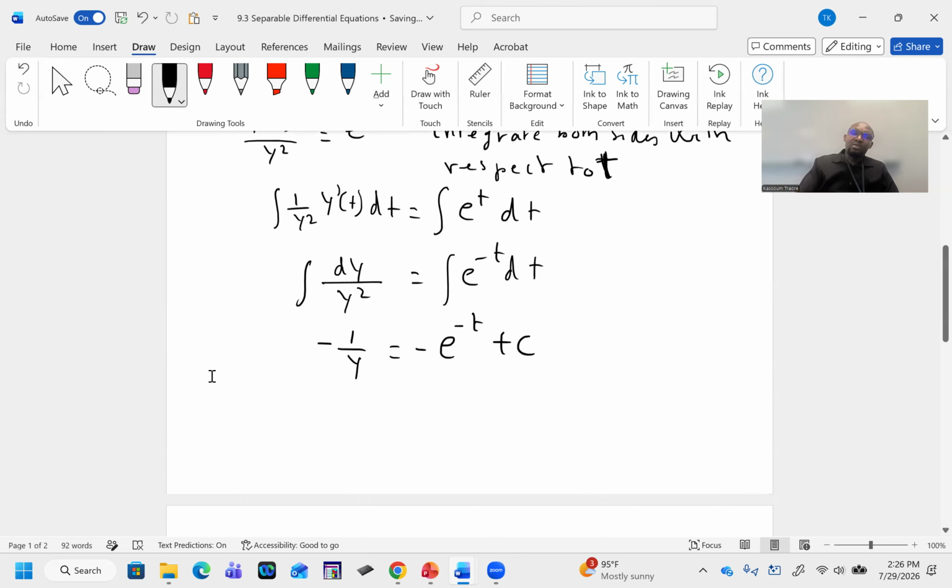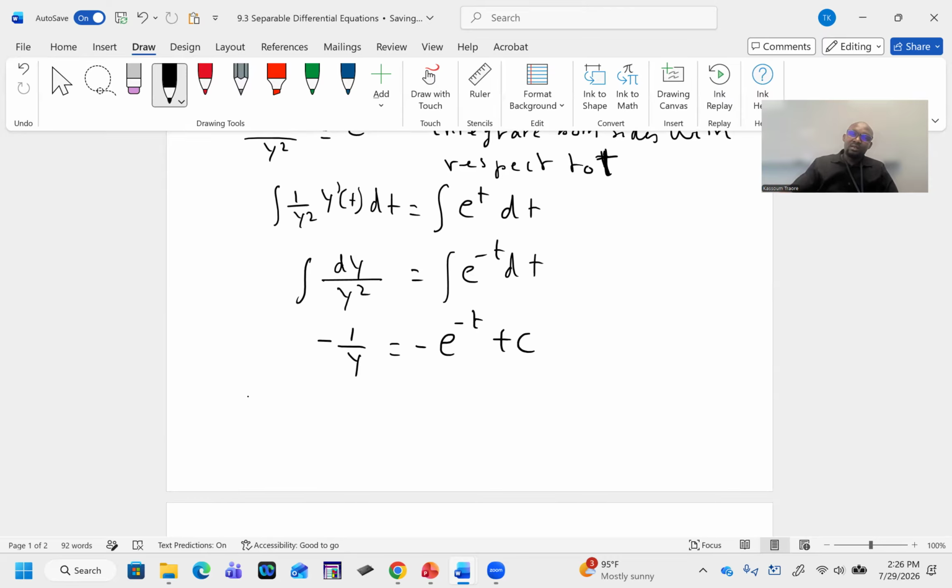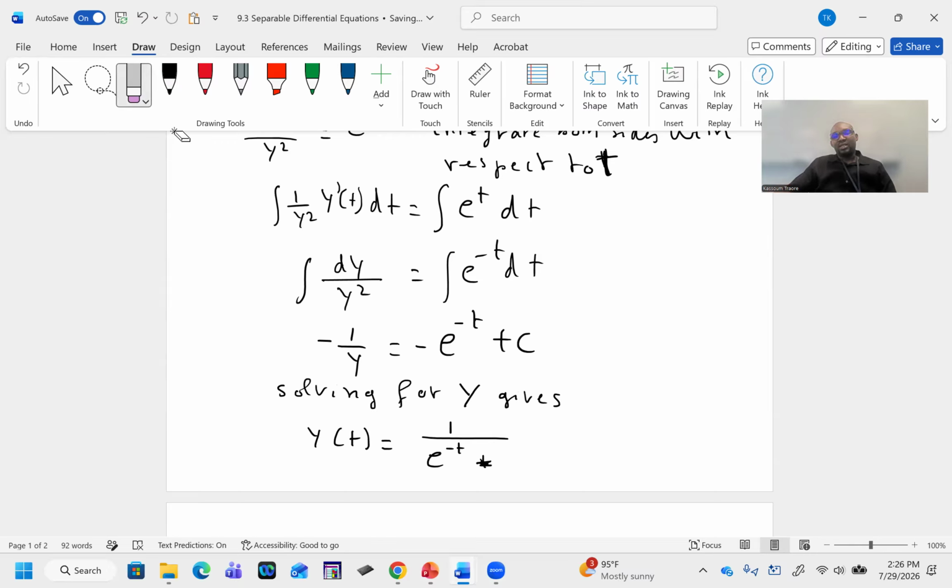So we are going to solve this one for y. Let me solve for y so you can see.